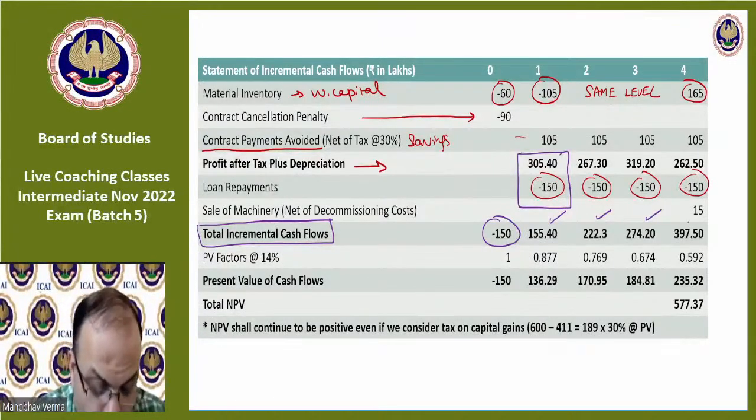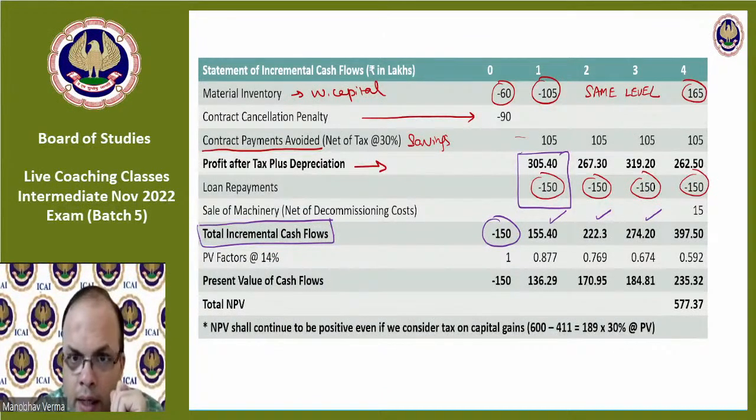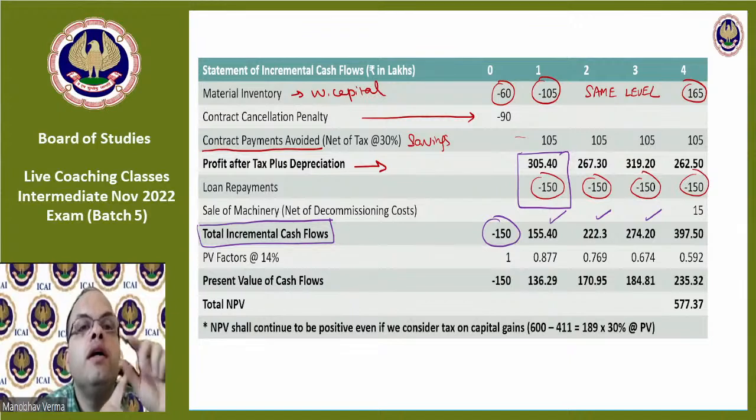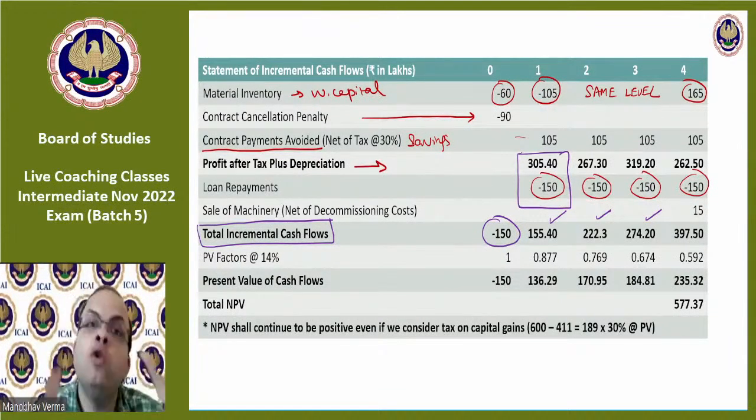I want everyone to please let me know if there is any question here. We are talking about total incremental cash flows, including the working capital, the profit after tax from the operation, the contract payments avoided and loan repayments.